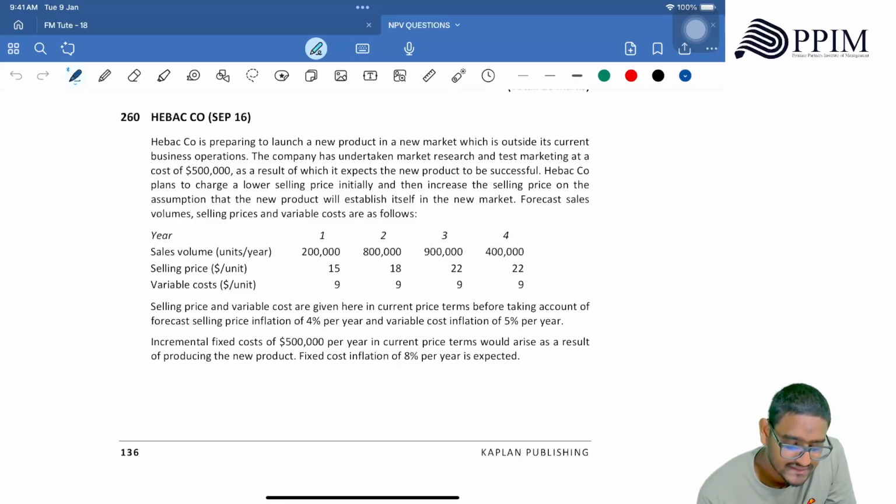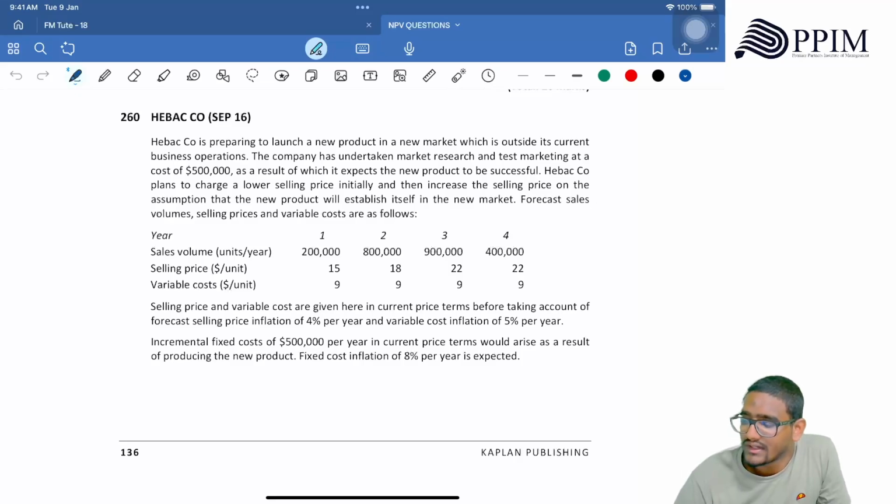The company has undertaken market research and test marketing at a cost of 500,000. As a result of which, it expects the new product to be successful. Now, first thing that you need to understand is what do you do with this 500,000? What is this 500,000? Market research and test marketing cost. It's a sunk cost, right?